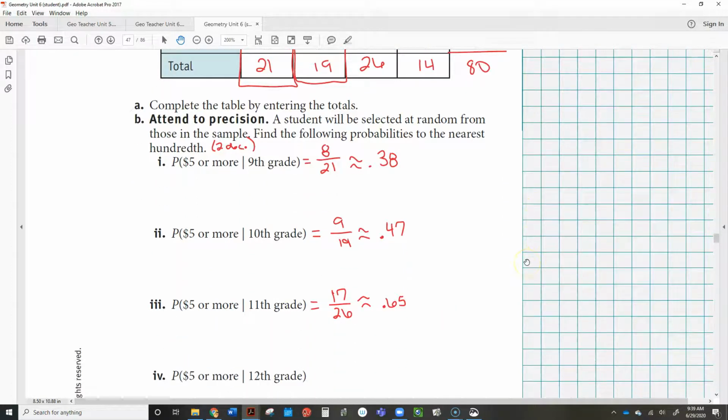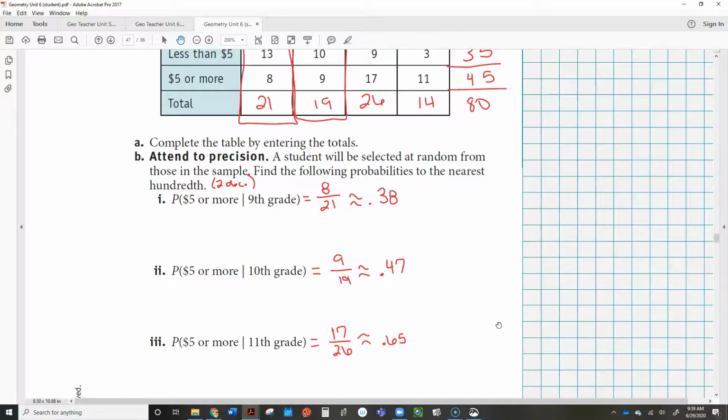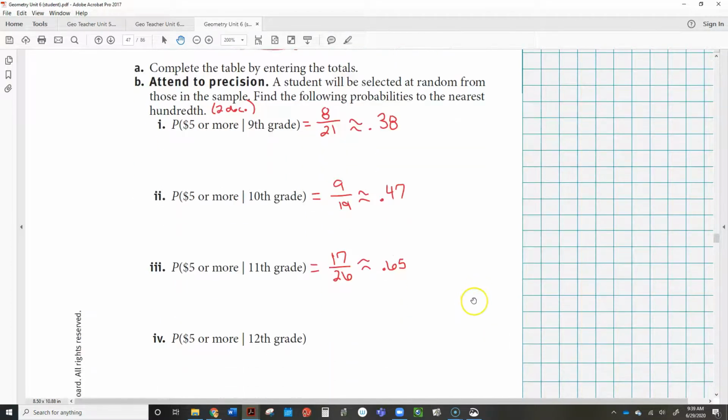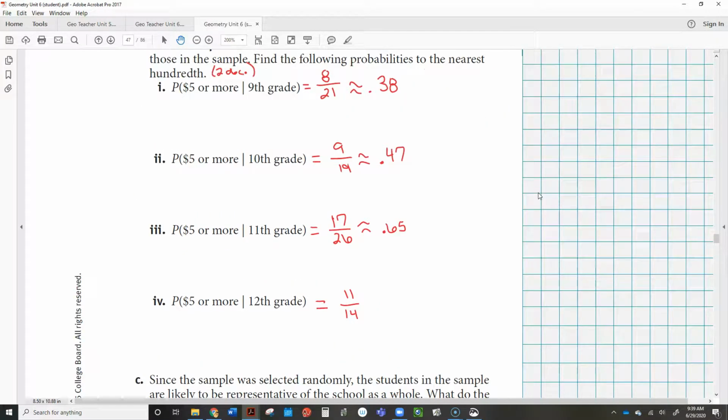And let's see, given that it was $5 or more from the 12th grade. So there's a total of 14 in the 12th grade, and 11 of them had more than $5. Did I do that right? 11 out of 14. Yeah. And rounded to 2 decimal places, that is 0.79.